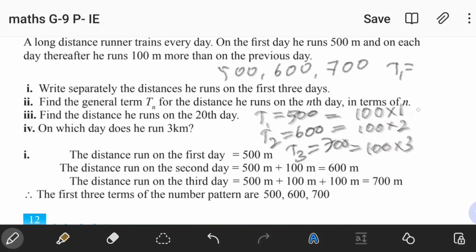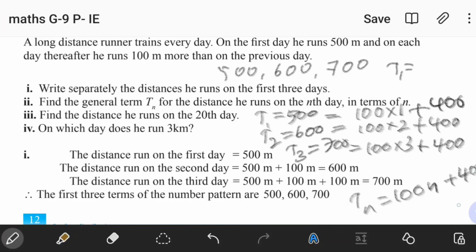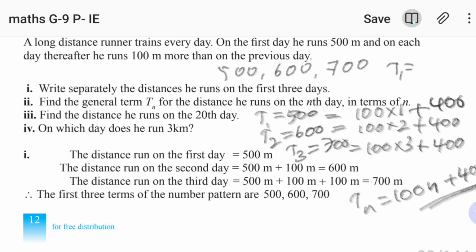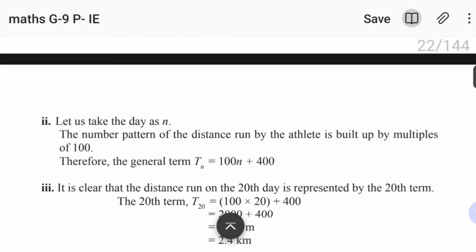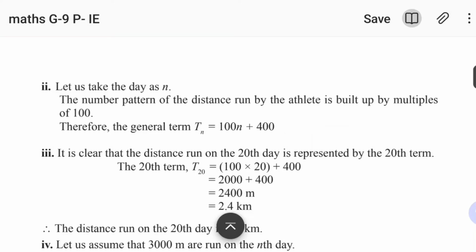You need to add 400. So 100 times 2 is 200, 200 plus 400 is 600. 100 times 3 is 300, 300 plus 400 is 700. Likewise, the nth term is going to be 100n plus 400. Pretty simple.